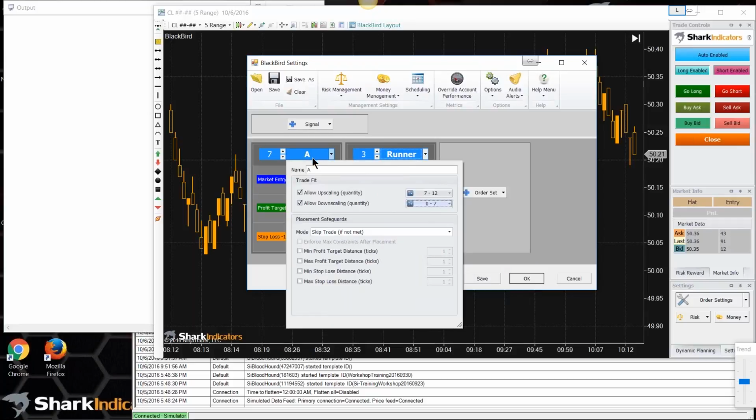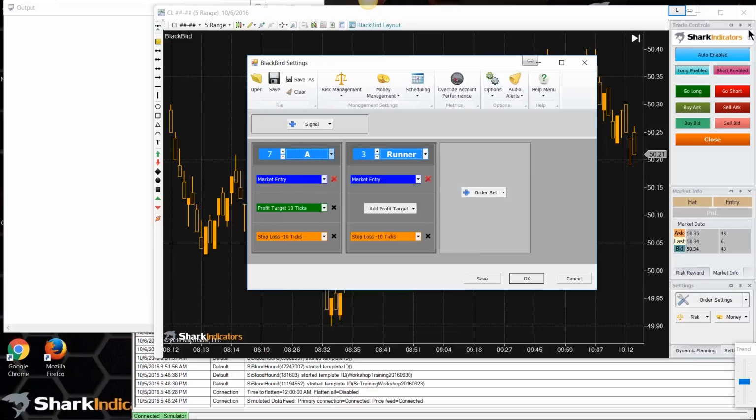But also we can see that with order set A, we've allowed BlackBird to reduce the number of contracts all the way down to 0 here. So we could go in and adjust that too.